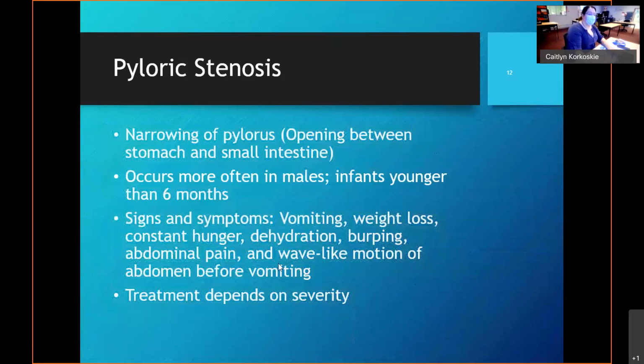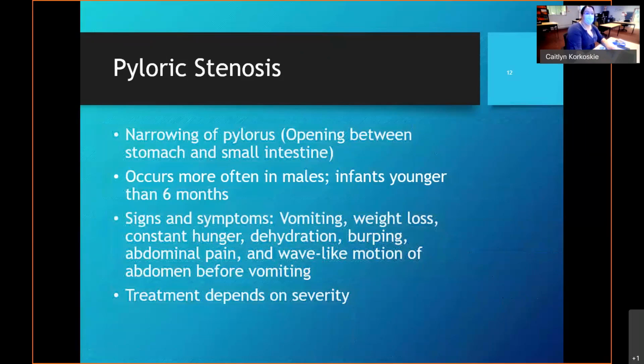Does it say when it's most commonly in males, male infants? I'm not exactly sure why babies are more likely to have this. Babies are more prone to certain things, mostly because their bodies are still developing.